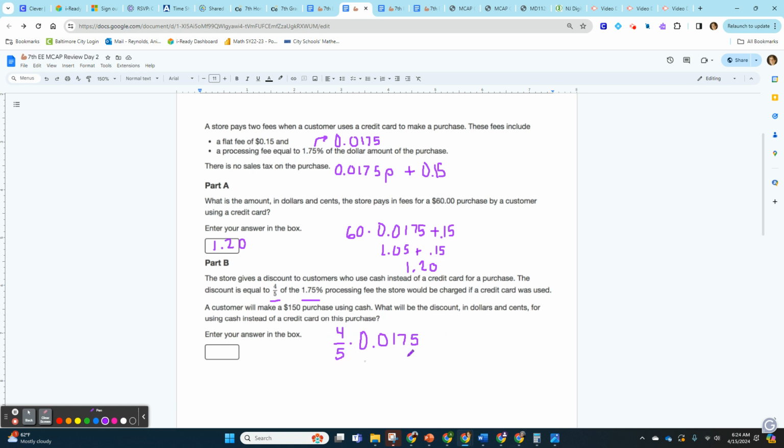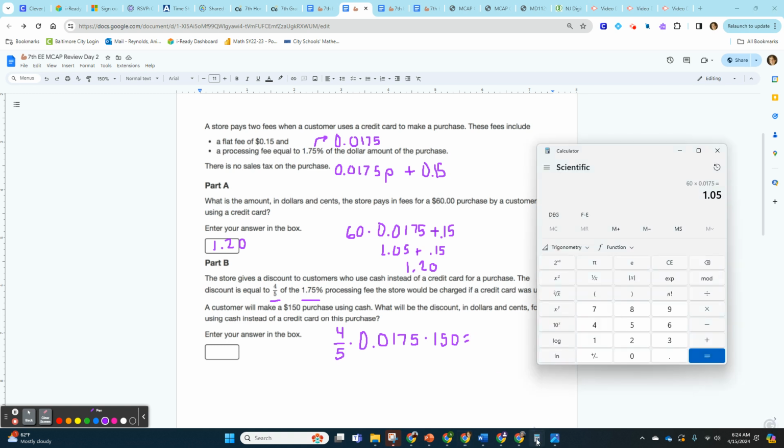So I'm going to find what this is, and then I'm going to also multiply that by $150, the purchase price, to figure out what that discount would be. So 4 divided by 5, I'm going to hit enter there so I make sure I have my order of operations right, because calculators can do that wrong.